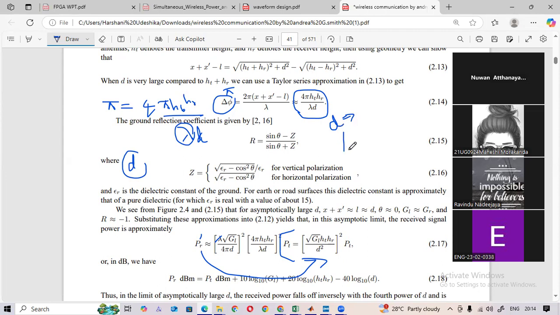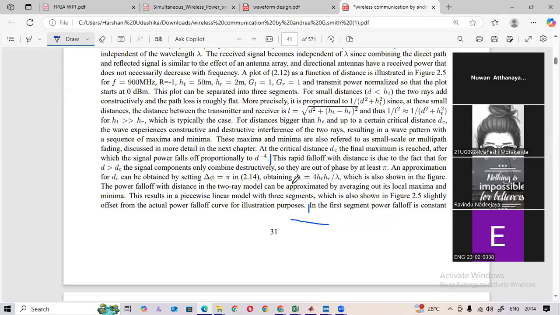If your transmitting and receiving antennas are with this separation, the received signal will be 0. So you will receive a very weak signal. This distance is referred to as the critical distance, DC. So at DC you will have a zero power receiving point.